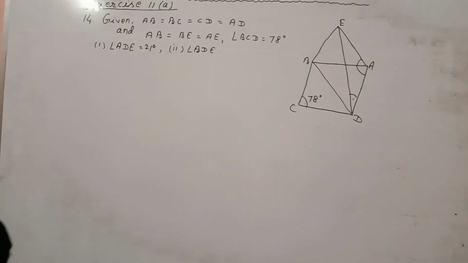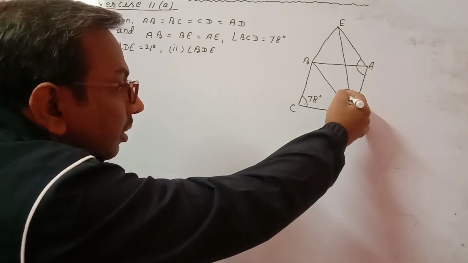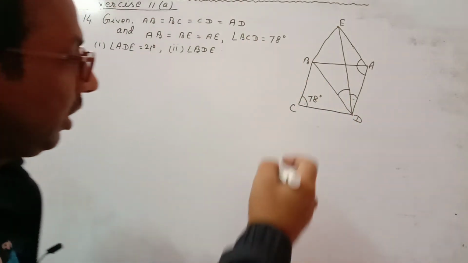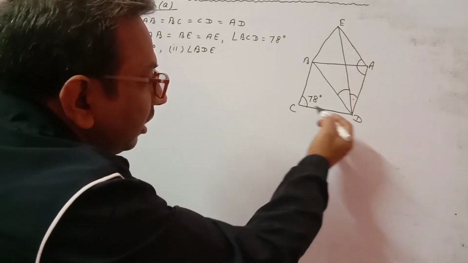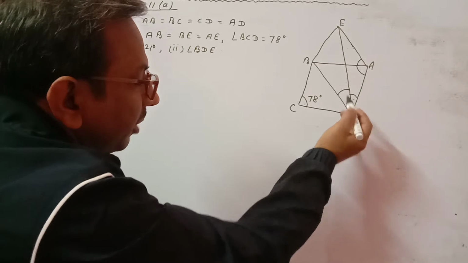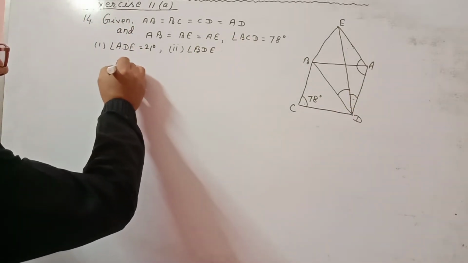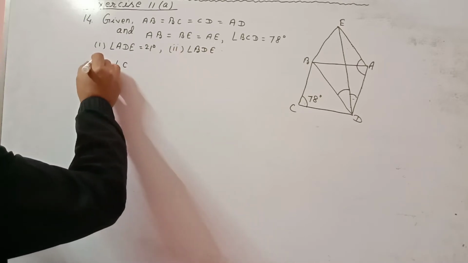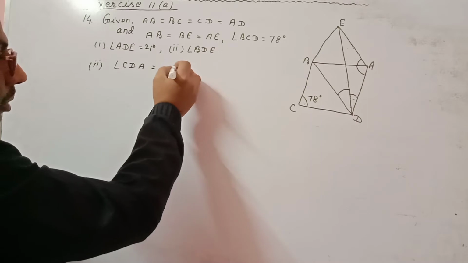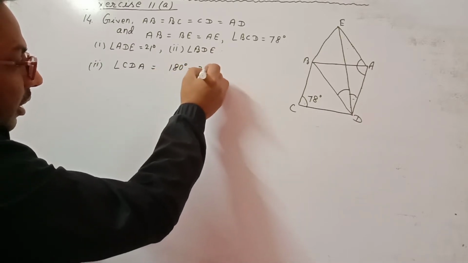The second angle we are asked to find is angle BDE, this one. How to find angle BDE? At first we can find angle CDA because these two are a linear pair and the sum of a linear pair equal to 180 degree. So angle CDA equal to 180 degree minus 78 degree.